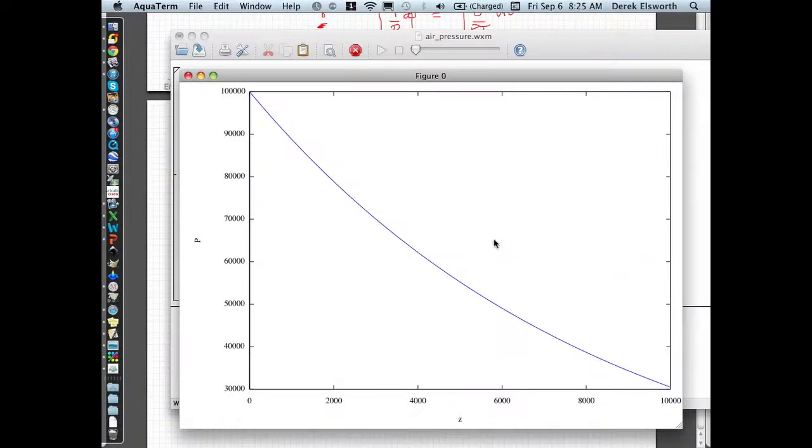Just one curve. The axis here is elevation, sea level, 10,000 feet, 10 to the 5 pascals. And so by the time we go to Mount Everest, instead of being 0 pascals, which is our previous calculation, it's still 30,000. So we've lost 70 percent, if you like, of the pressure.